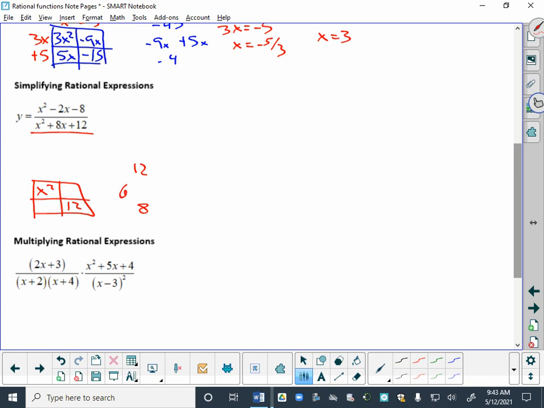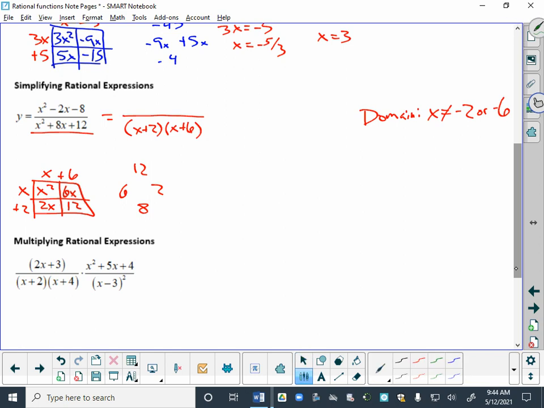And 6 times 2 makes a 12, and 6 plus 2 is an 8. So if we put a 6x and a 2x there, that's an x and an x. That would be a plus 2. This would be a plus 6. So we could write this as x plus 2 and x plus 6. And right away we can make note of the fact that the domain of this problem is that x cannot equal -2 or -6.